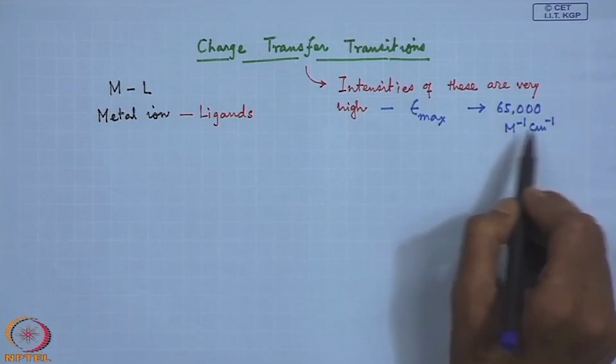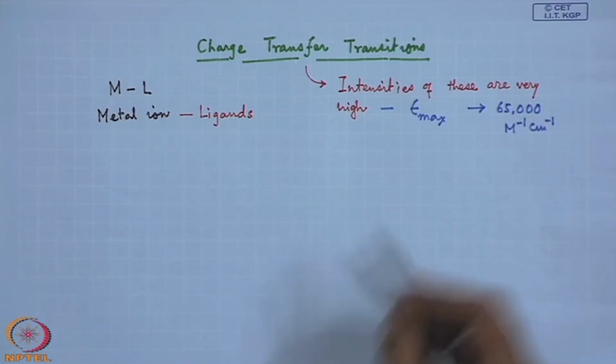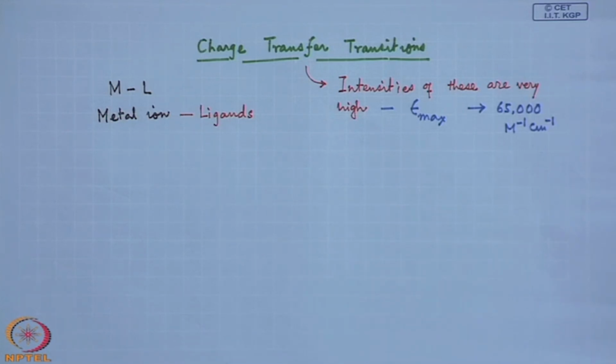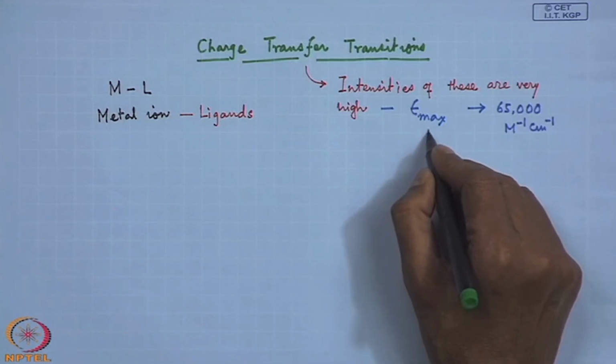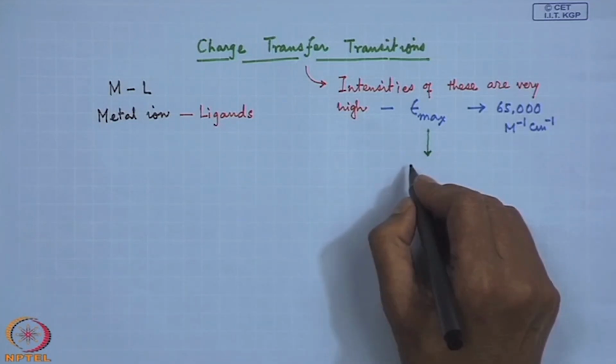In that particular unit we can find that a very high concentration is not required for these charge transfer transitions, so we can detect them. If we can monitor a particular charge transfer band for any metal ligand system, that band can be of very much analytical use.